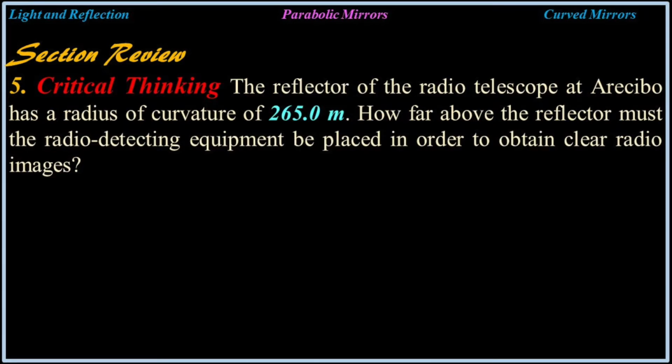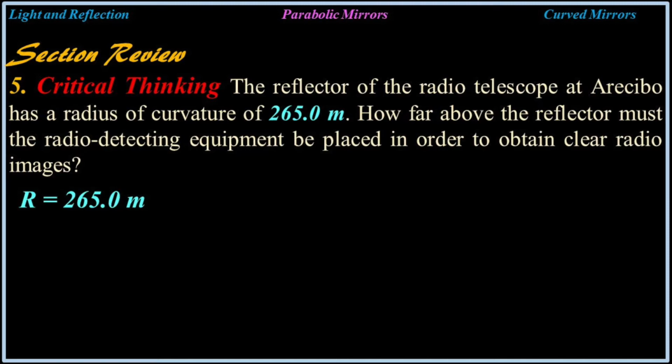The reflector of the radio telescope at Arecibo has a radius of curvature of 265 meters. How far above the reflector must the radio detecting equipment be placed in order to obtain clear radio images? Think.